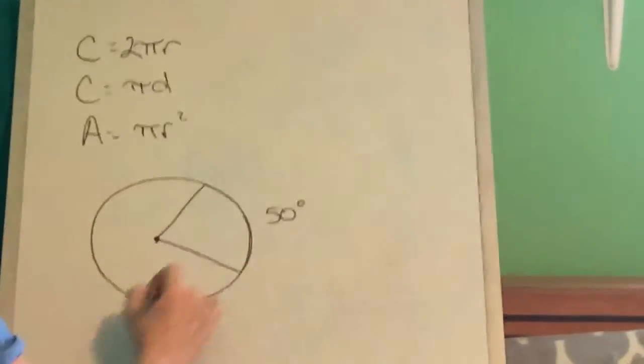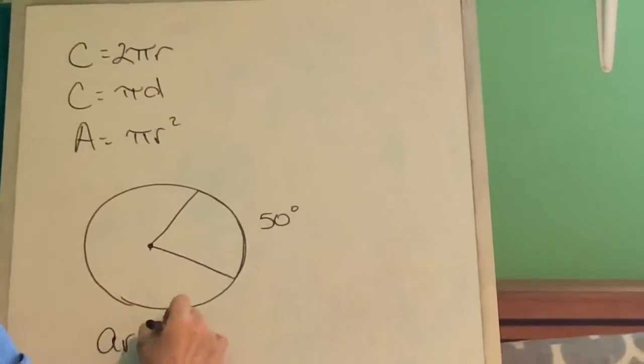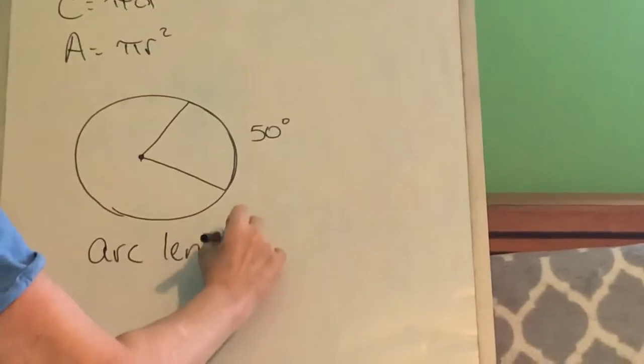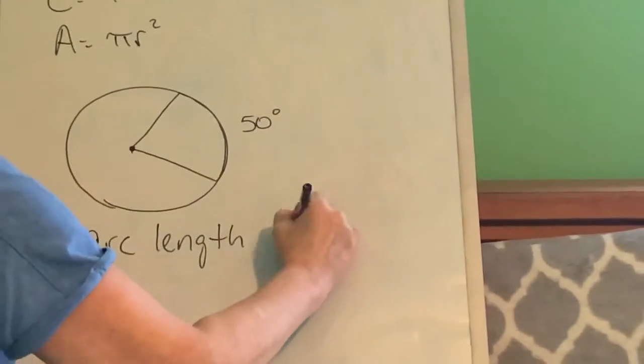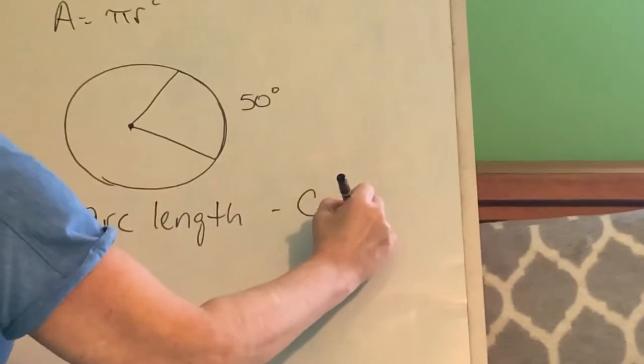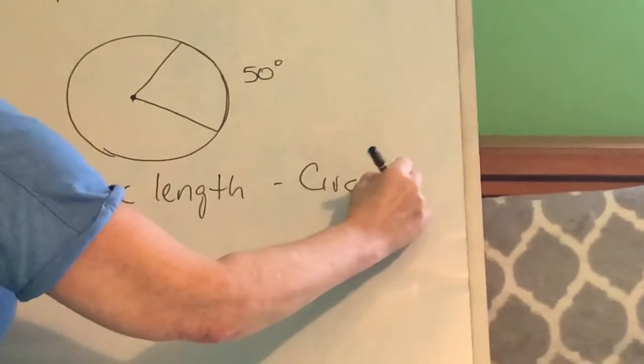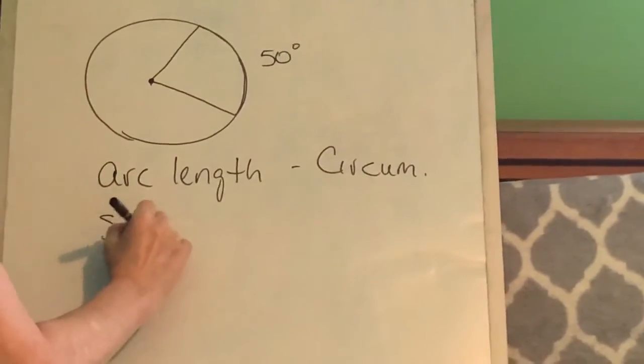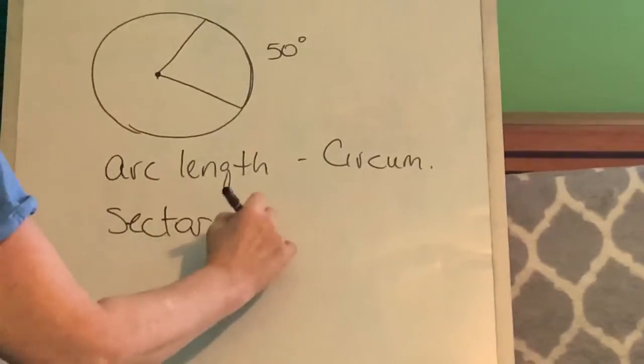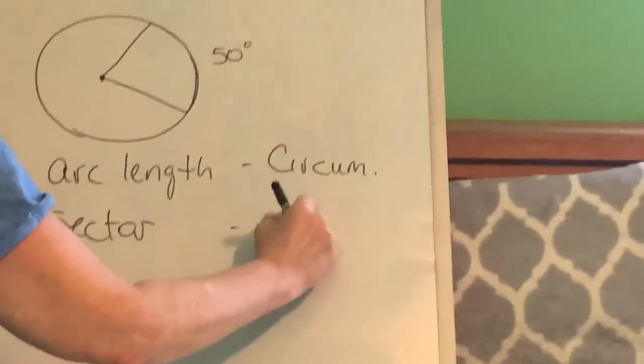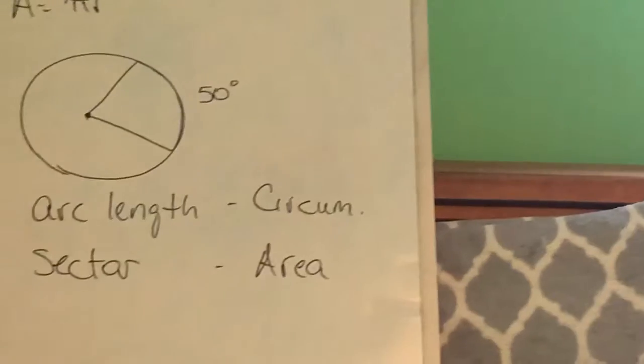Well, now if we think about that, the arc length is basically a portion of the circumference. We're just going to abbreviate here, circumference, and a sector is an area. It's part of the entire area of the circle.